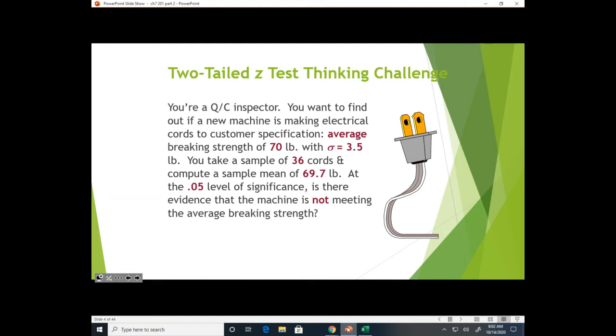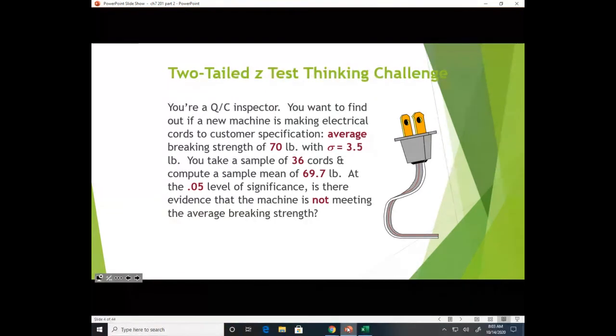You are a QC inspector. You want to find out if a new machine is making electrical cords to customer specification. The average breaking strength of this electrical cord is 70 pounds, so that would be our mu value, what we believe to be the true population mean.